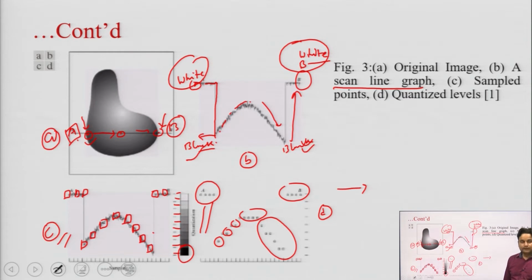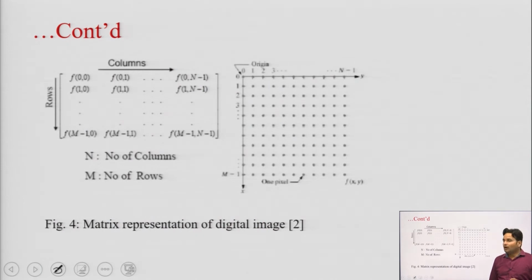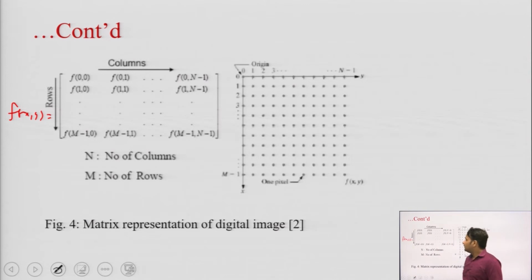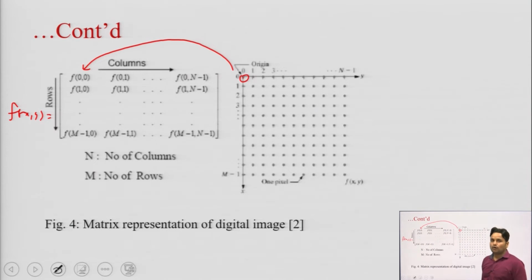Okay. Now, let us see another slide related to digital image. Here I am assigning f(x, y), a function which provides the information of each and every pixel. The first pixel has the value f(0,0).